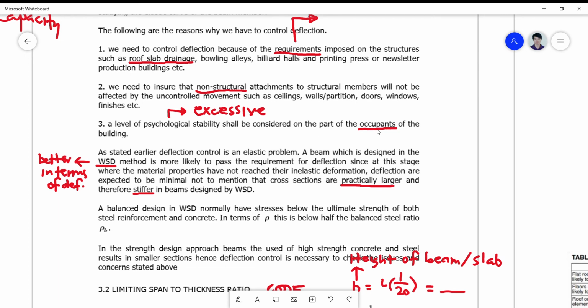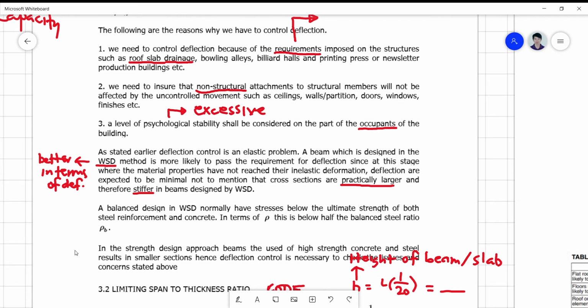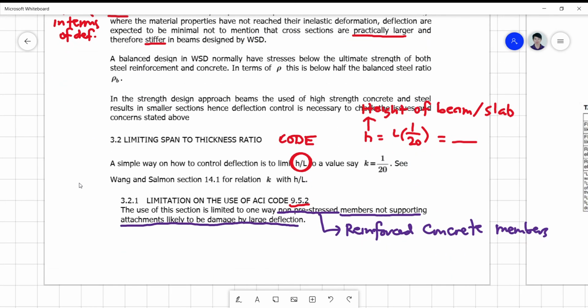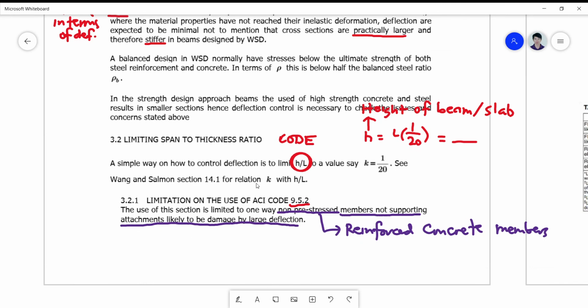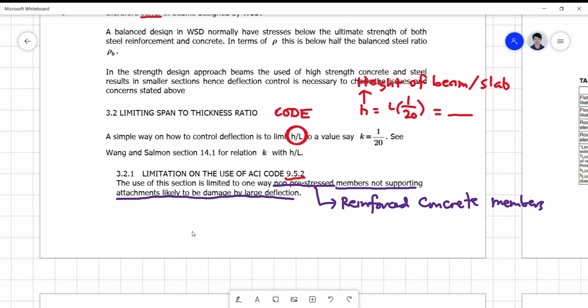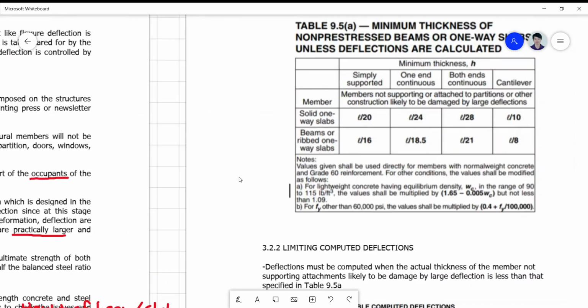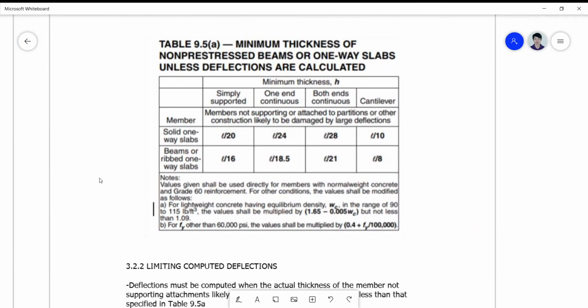Okay, because your code is actually sufficient to guarantee against any danger when you limit your deflection control on the basis of the use of the ACI 9.5.2. Okay, and what is ACI 9.5.2? ACI 9.5.2 gives you the freedom to use the table here.